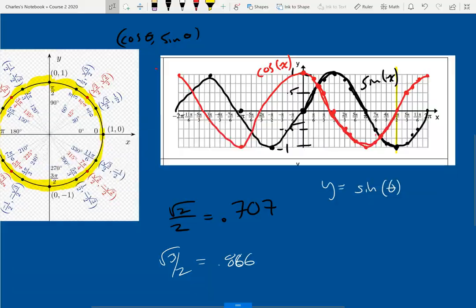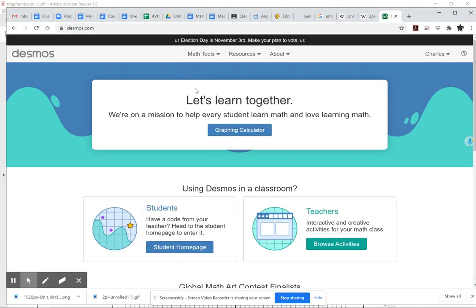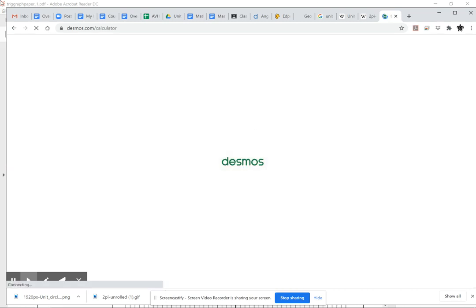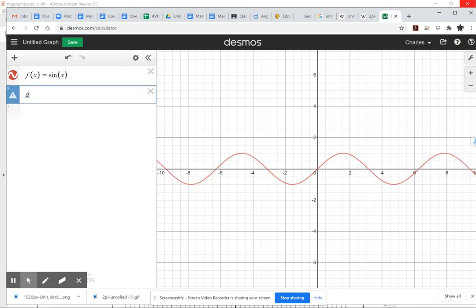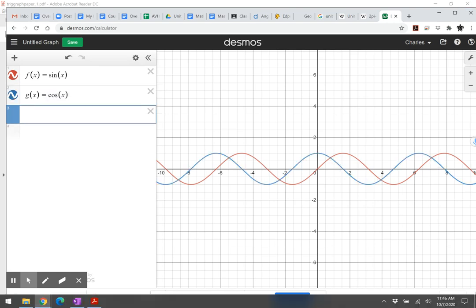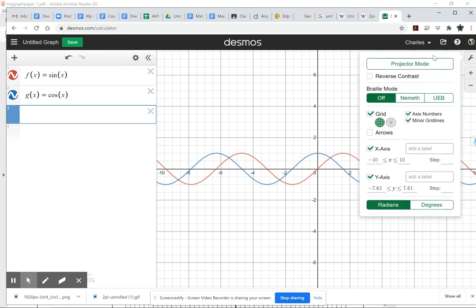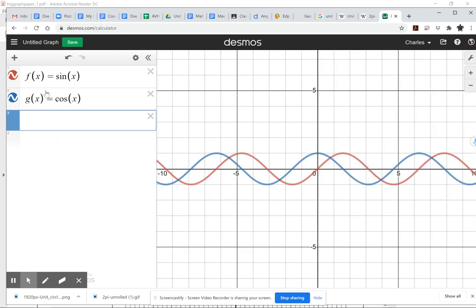If I show you these things in Desmos, if I say f of x is equal to sine of x, these are things that you want to be aware of, is that the sine of x function goes through the origin.